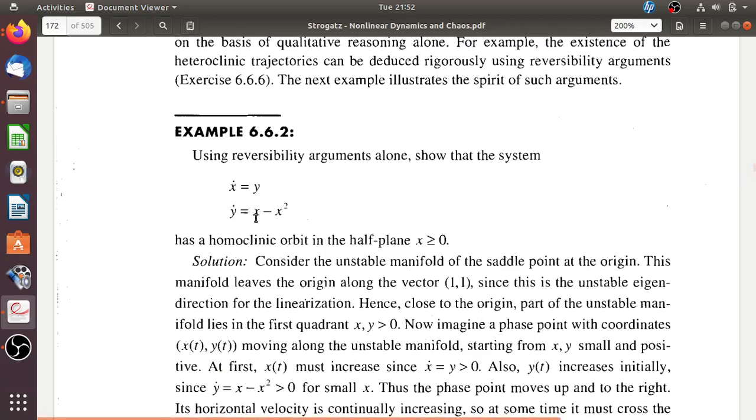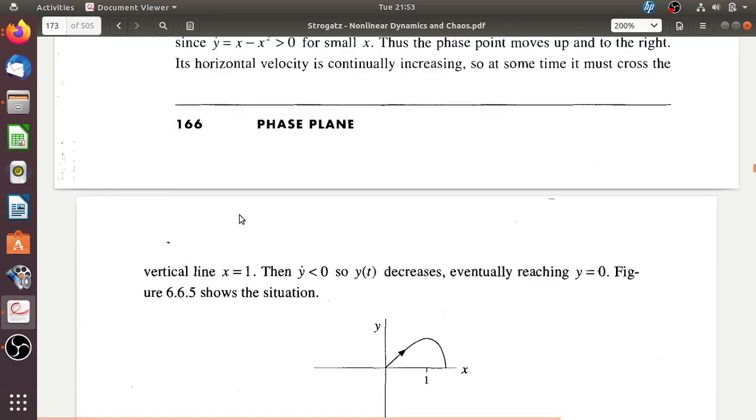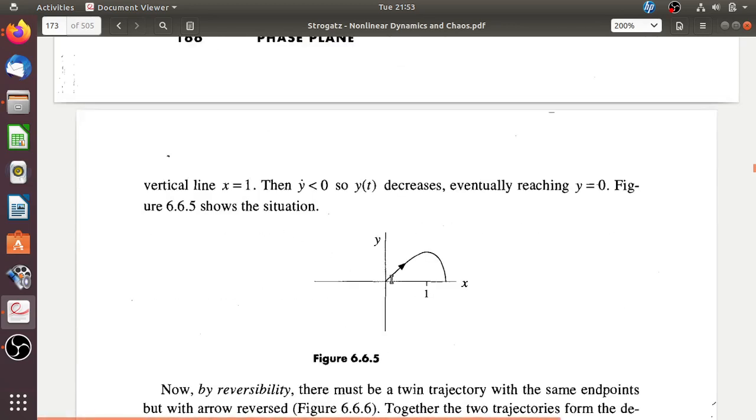Now let's look at this equation. When x is very near to the origin, this term will dominate compared to this one, so y dot will be positive, which means y will increase. So near the origin, x will also increase and y will also increase.